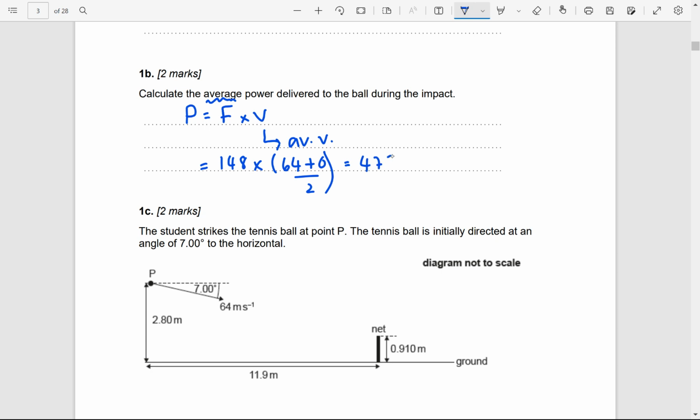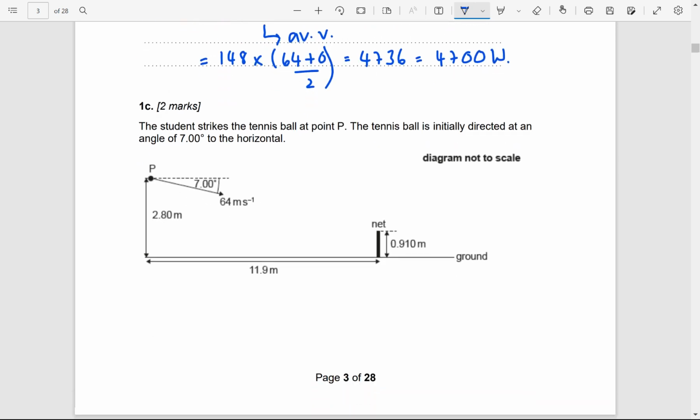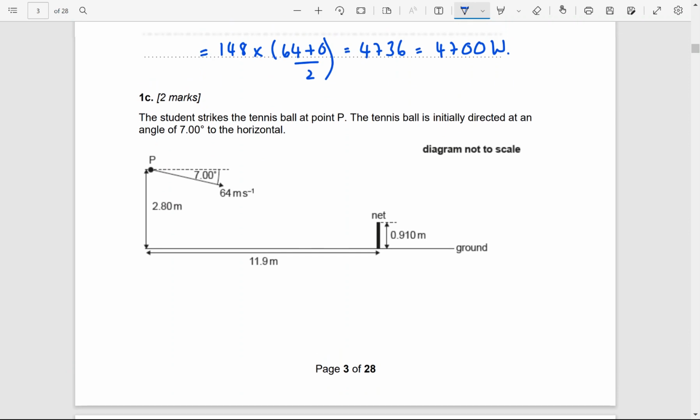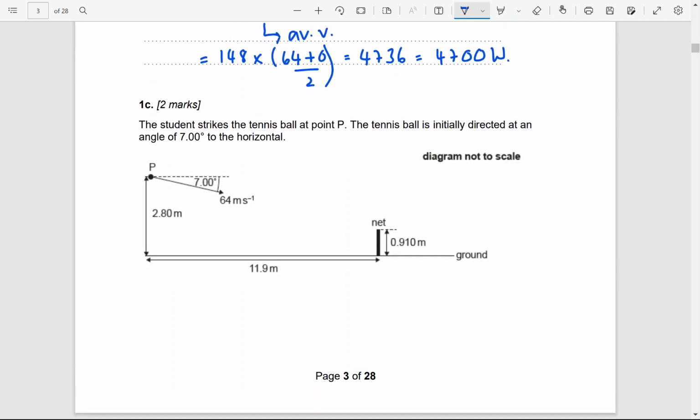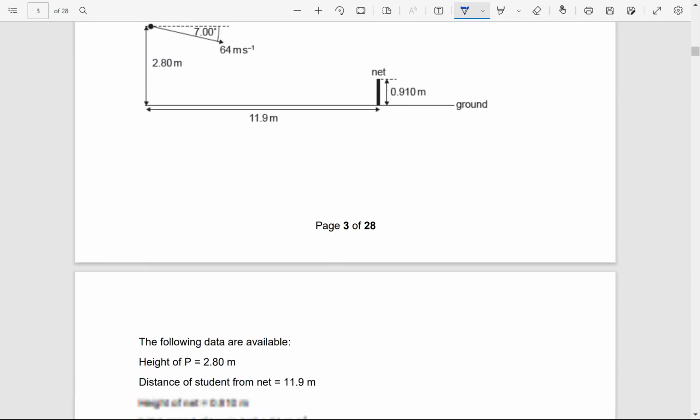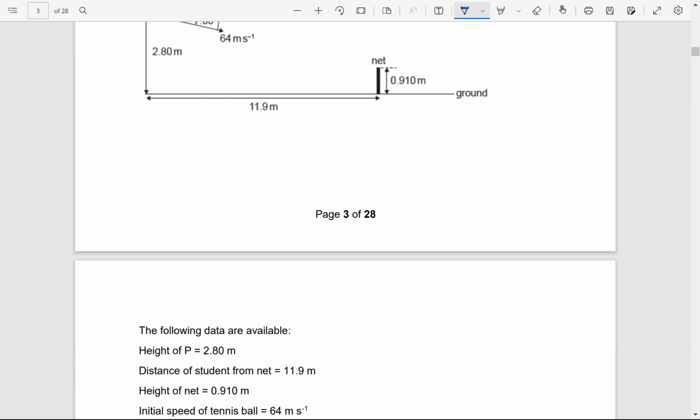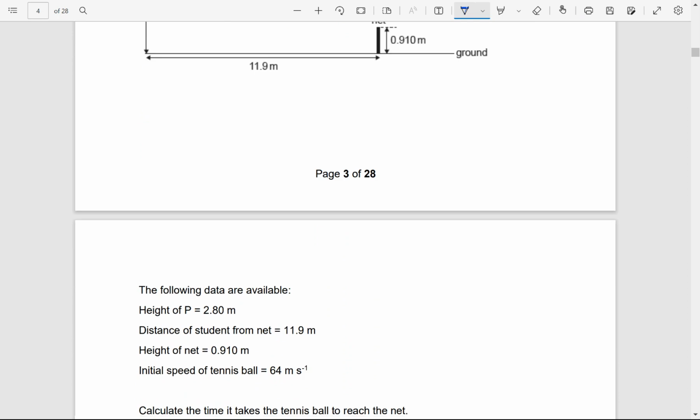And then that works out as 4736, which again to 2 sig figs is 4700 watts. So lots of people had double that number because they didn't take into account that the speed was going from 0 to that value. They thought that the speed was constant.